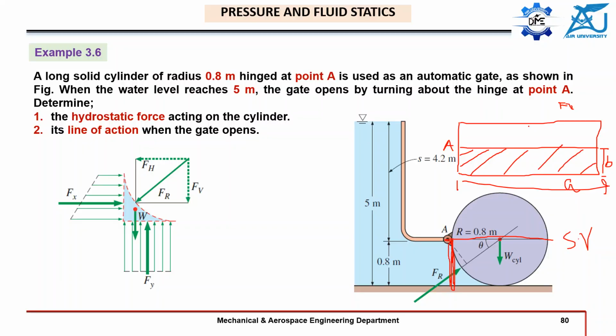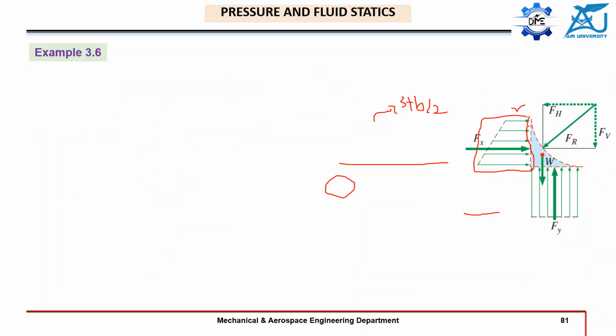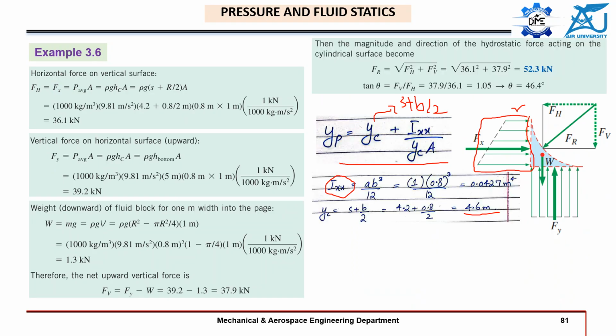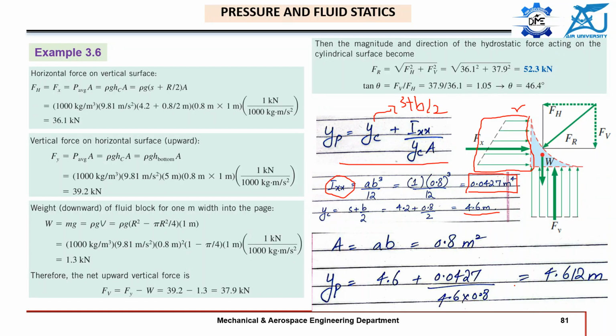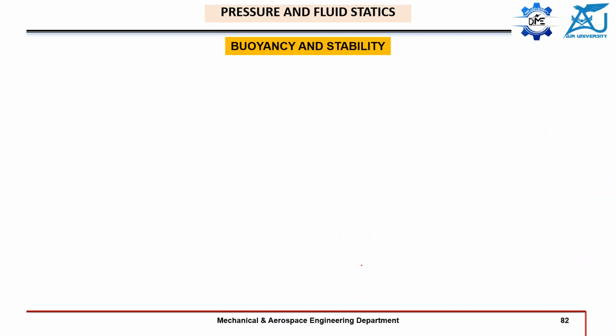So I double x will be A plus B cube divided by 12. We will find this value and put all these values here, and we will get that point in y direction on which this force is acting. So now in the curved case, we have Fr, the magnitude of force, the theta angle, and that Yp. In the previous case, flat surfaces, we only had the resultant force and this yp.